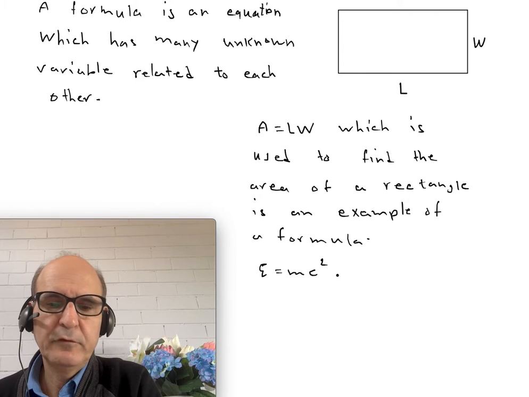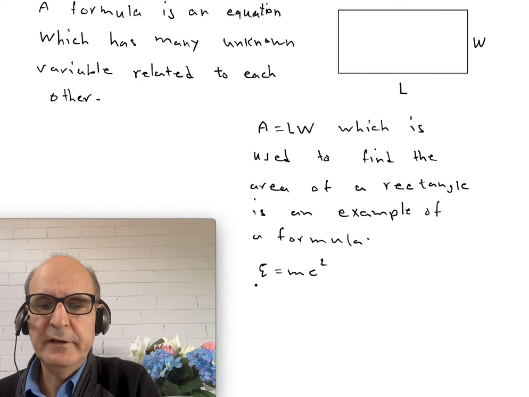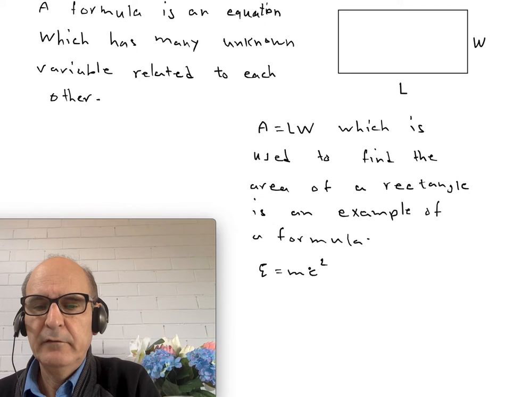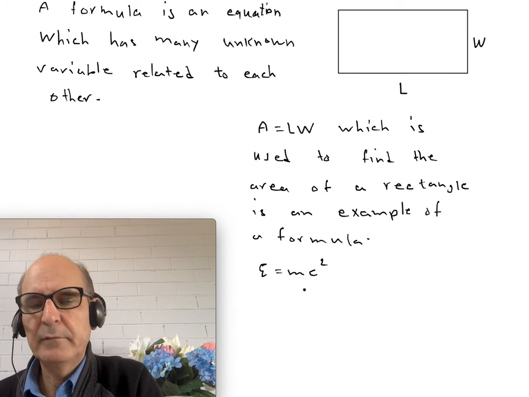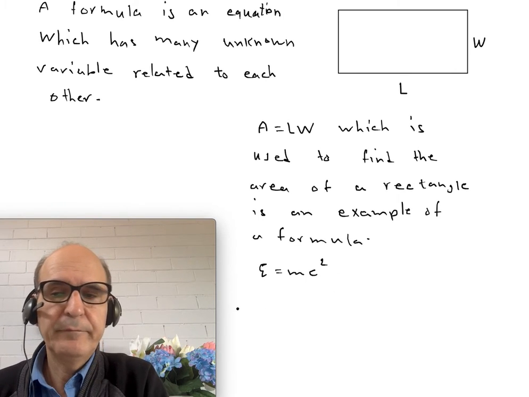Einstein's famous formula, that is energy. Energy is equal to mass times velocity of light to the power of 2. So I don't talk too much about that, just to give you another example of a formula.